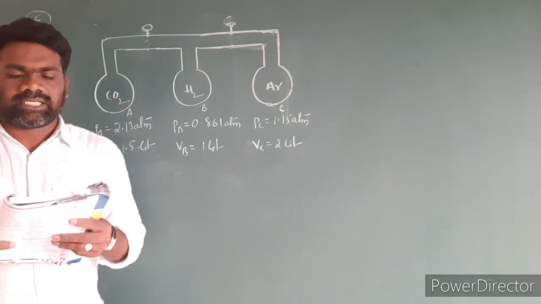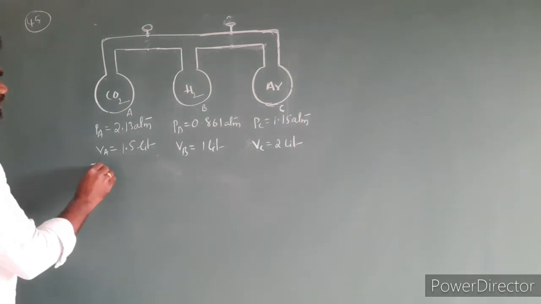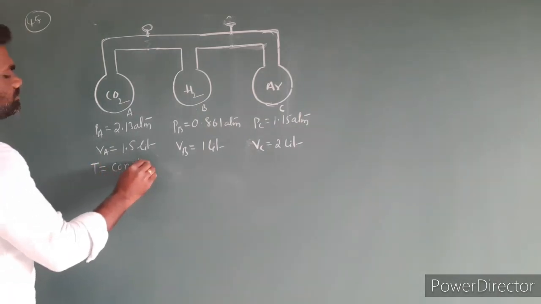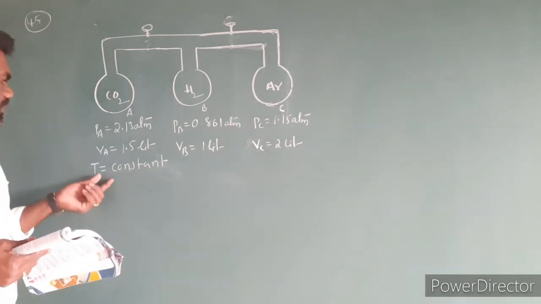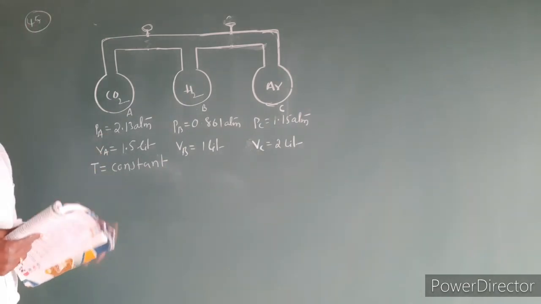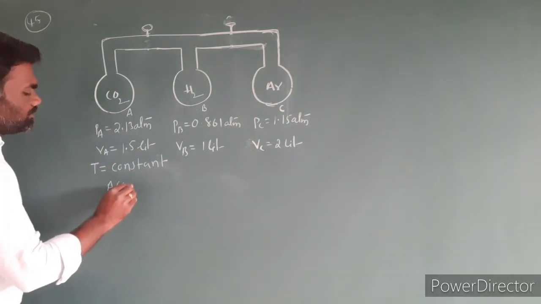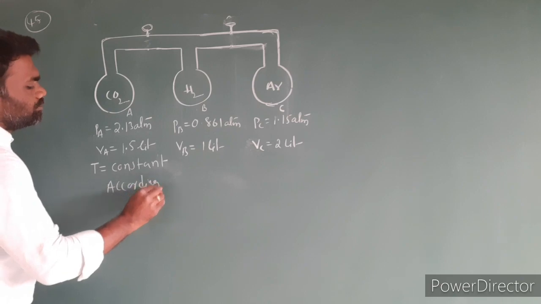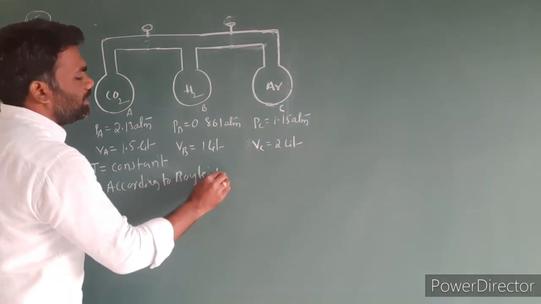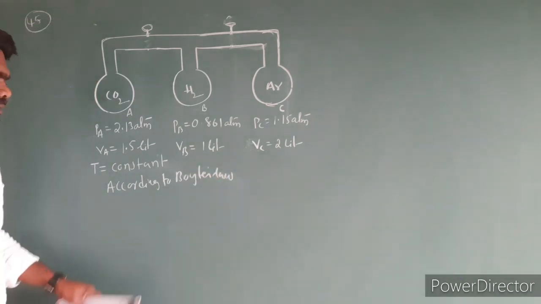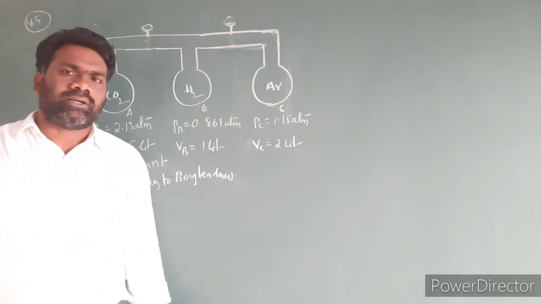One more piece of data is given. Temperature is constant, so T is equal to constant. Here a pressure and volume relationship is there, so we can use Boyle's law. According to Boyle's law, volume is inversely proportional to pressure. PV is equal to constant.